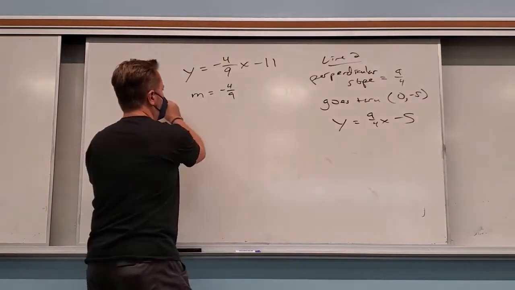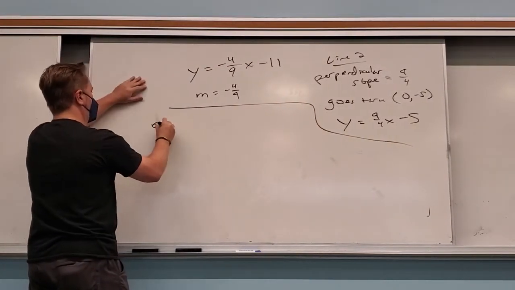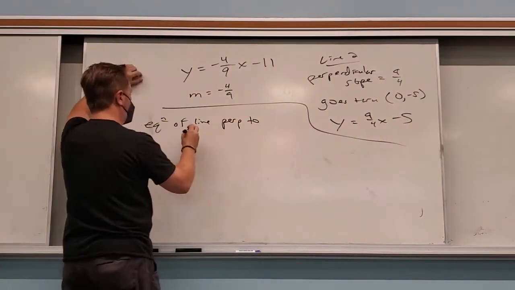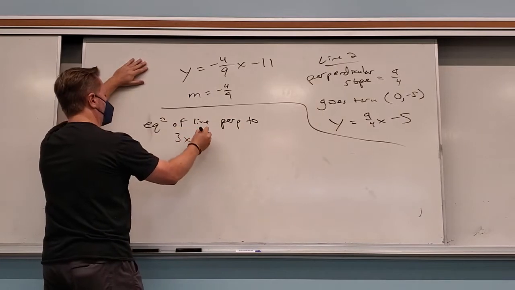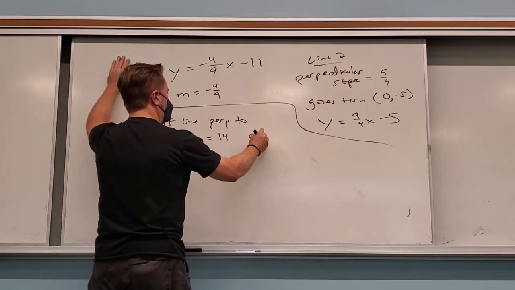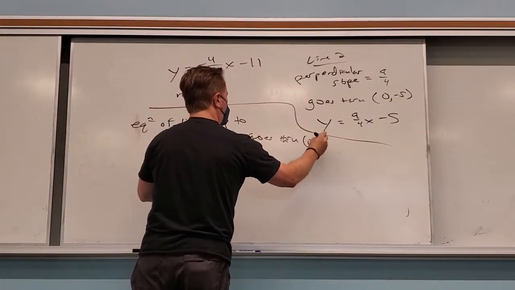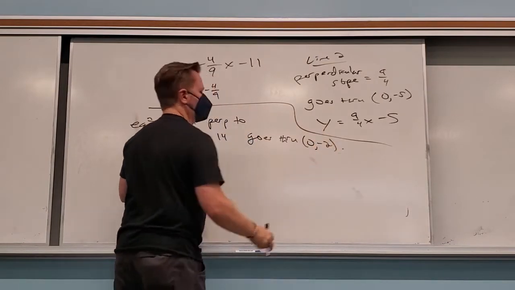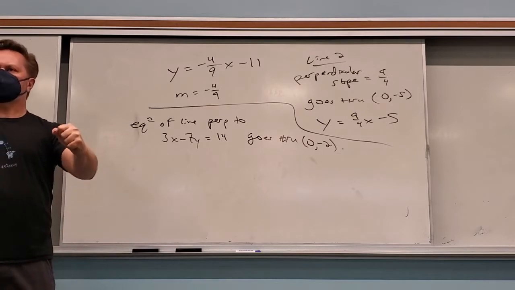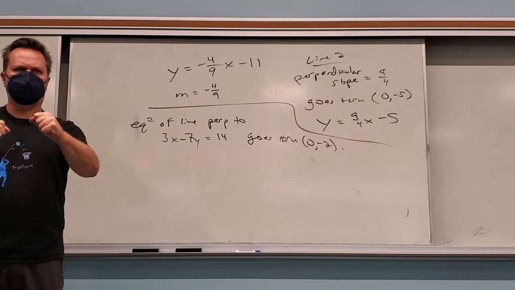So if I say I want to find the equation of the line perpendicular to 3x minus 7y equals 14 that goes through 0, -2, what do I already know for sure about my answer? My line equation, what do I already know for sure?